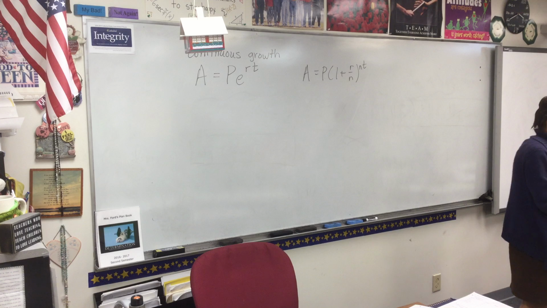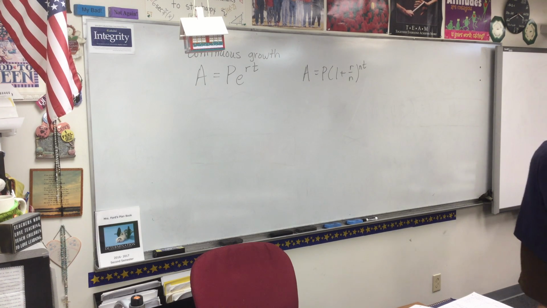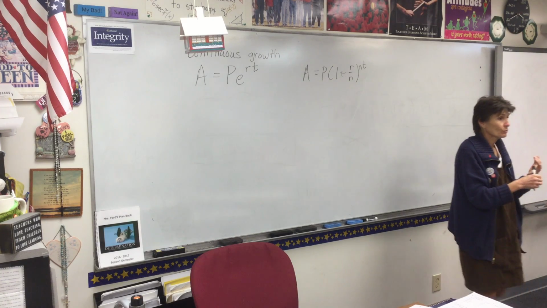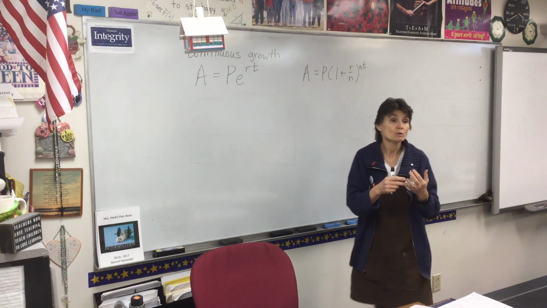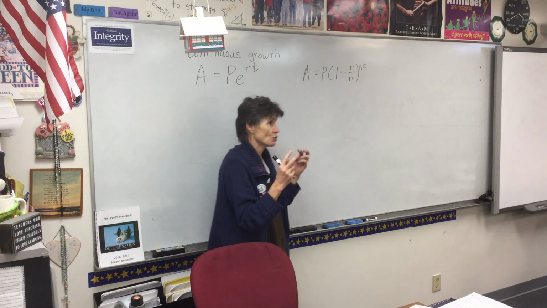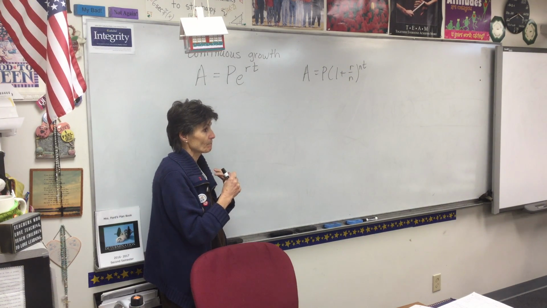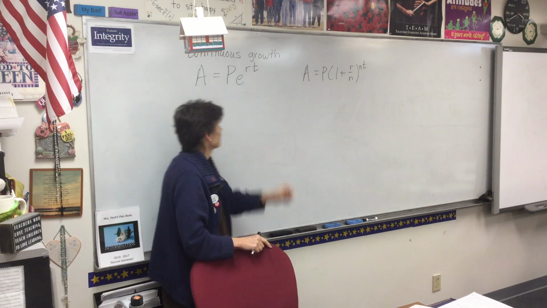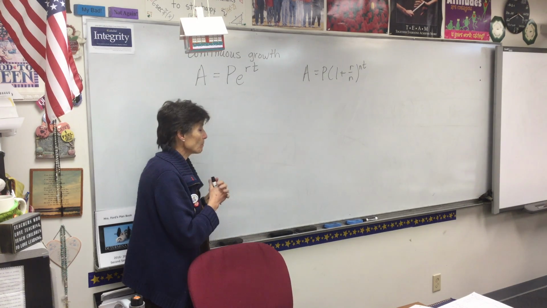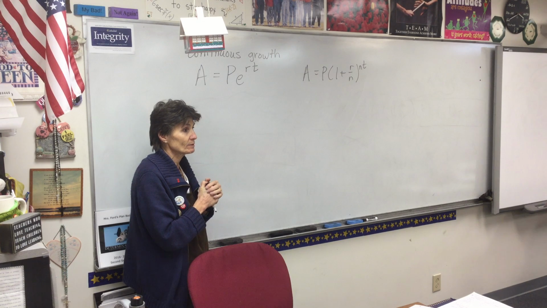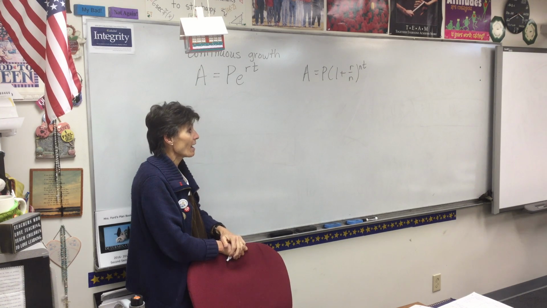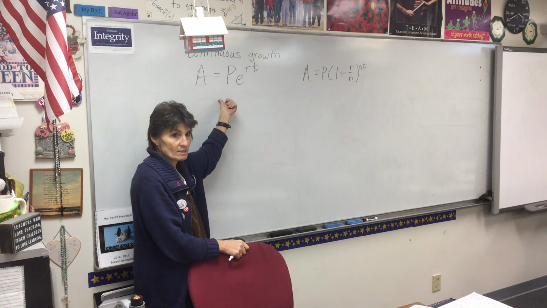So a population growth, that's nature, that's life. Radioactive decay, that's nature. Those are the two big kinds of nature problems that we're going to be examining. So if the problem is about a bacteria population, right here. If the problem is about money being compounded continuously, right here. If it's about an element and its half-life, it's here. This is the formula.